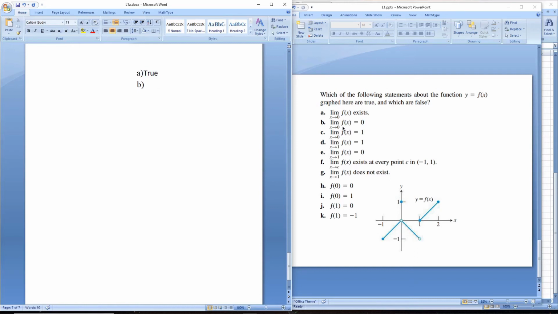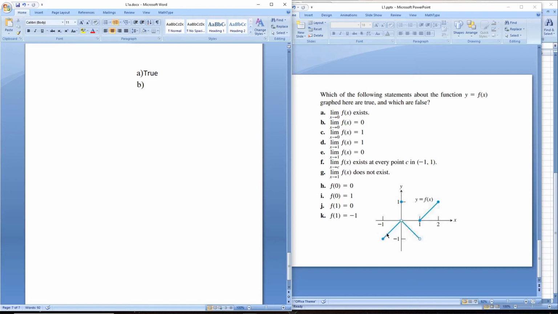Again, a two-sided limit. These are actually all two-sided limits if you look at them. So now they're saying the two-sided limit of the function as we approach 0 is 0. So let's take a look. Here's our input of 0, the y-axis.